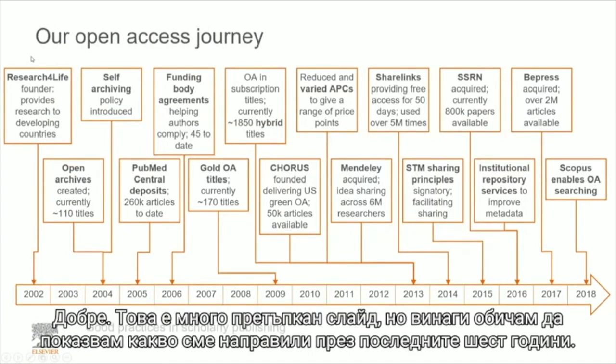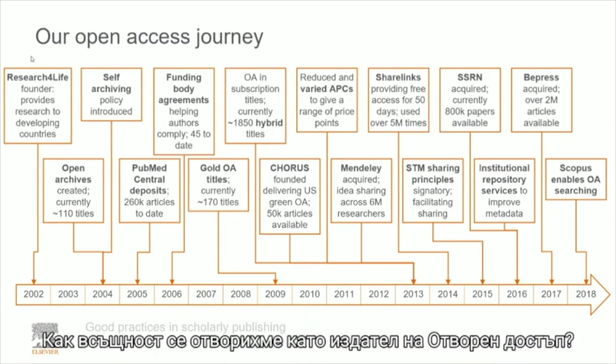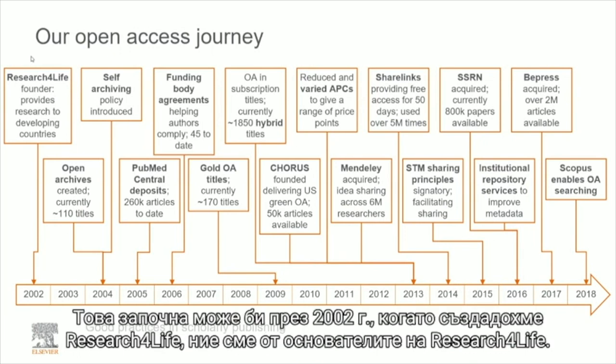Okay, this is a very crowded slide, but I always like to show what we've done over the past 16 years, how we actually opened ourselves as a publisher to open access. It started maybe in 2002, then we set up Research4Life. We are the founder of Research4Life.